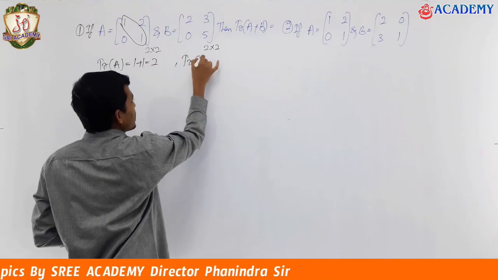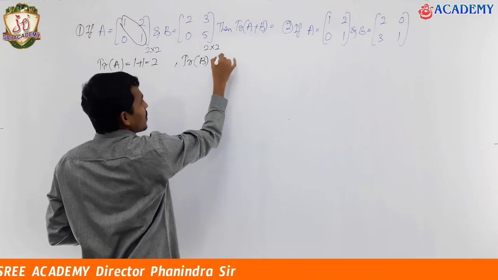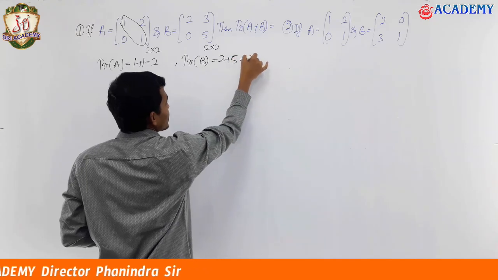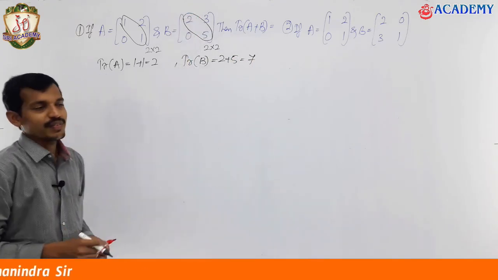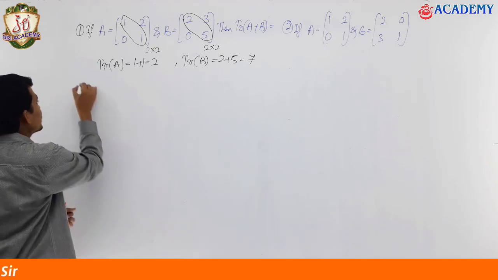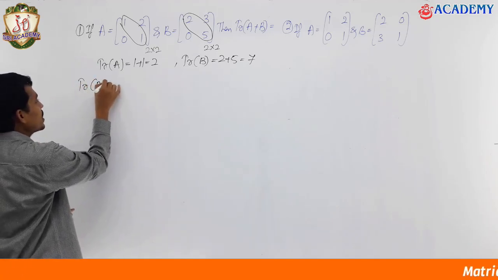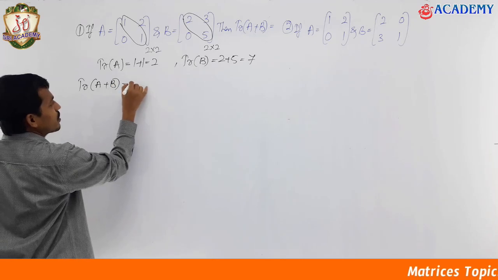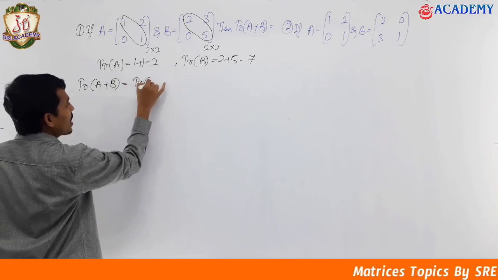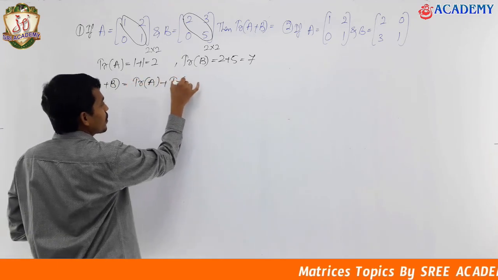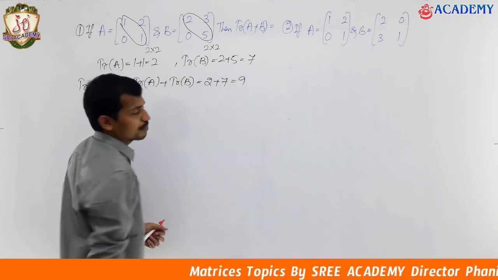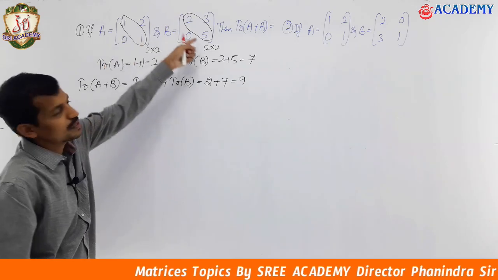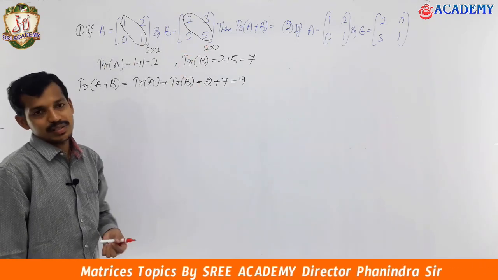Trace of B is 2 plus 5, which is 7, since the principal diagonal elements are 2 and 5. Trace of A plus B equals trace of A plus trace of B by the property, that is 2 plus 7, which is 9. If you find the A plus B matrix first, you will get the same answer.